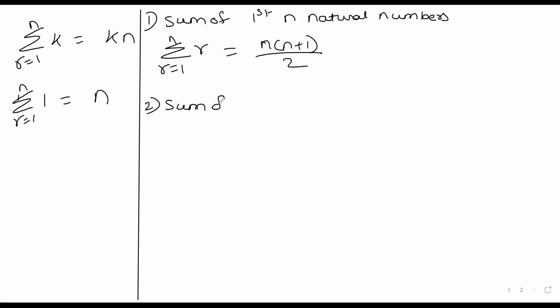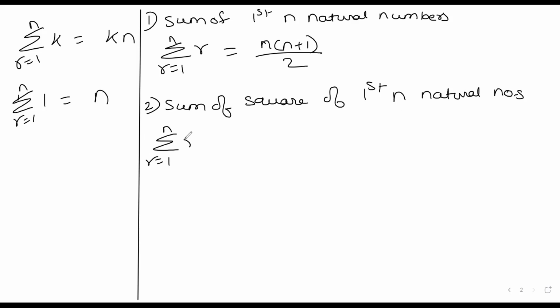Second, sum of squares of first n natural numbers. It is summation r runs from 1 to n, r square, n plus 1, 2n plus 1 by 6.